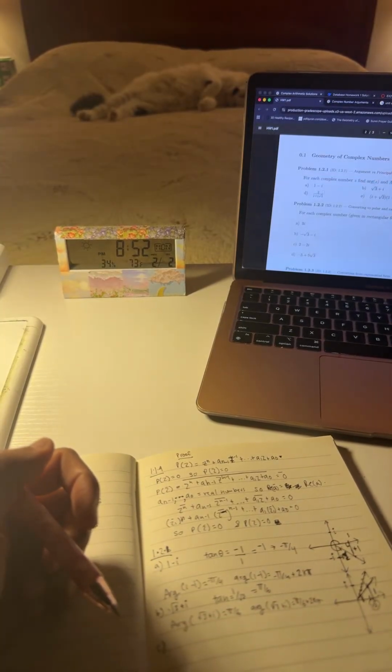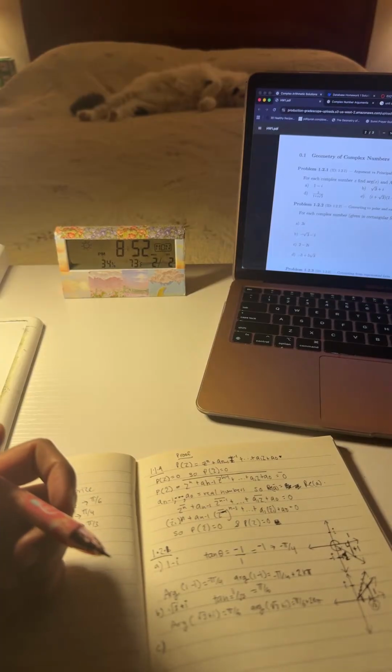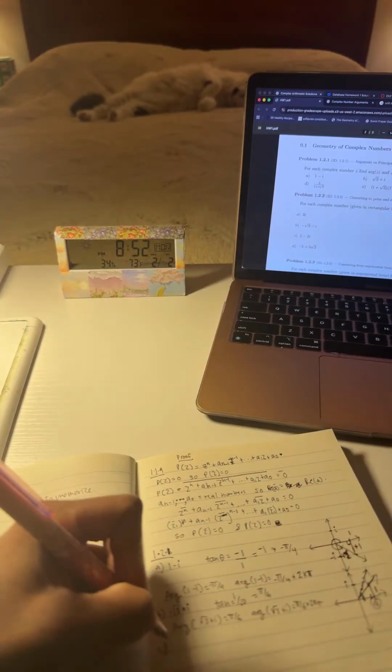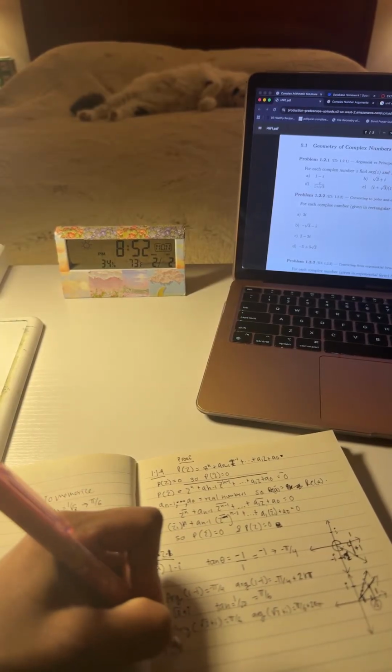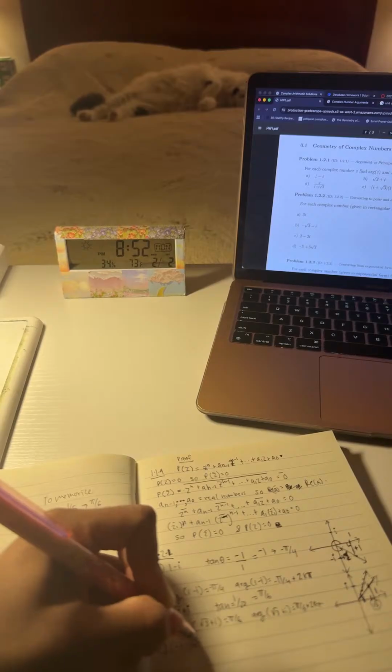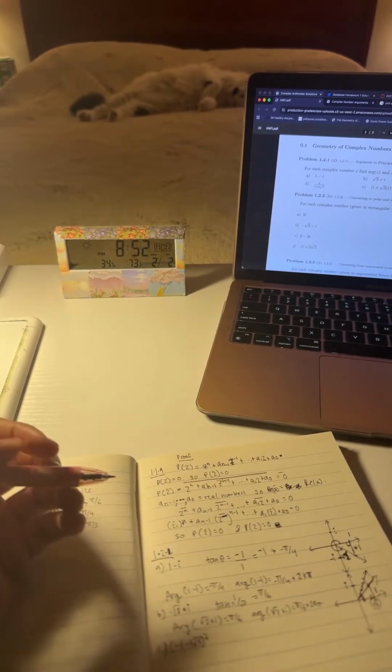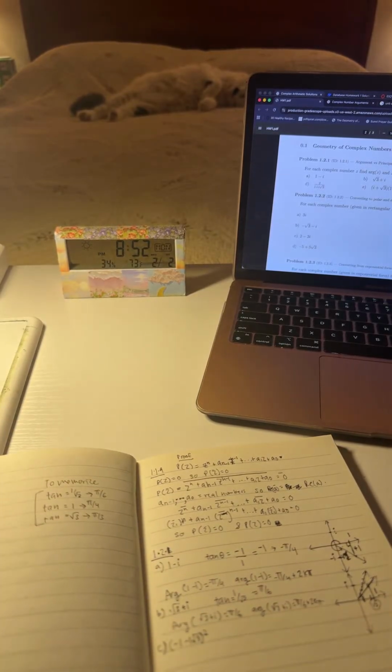So here's number C. I'm working on number C here in this geometry of complex numbers problem. So let's go over it. We have -1 minus i root 3, squared. We're trying to find the capital argument and the lowercase argument.